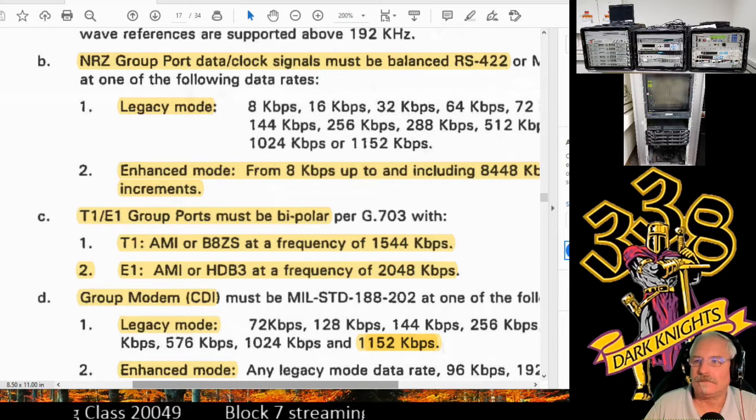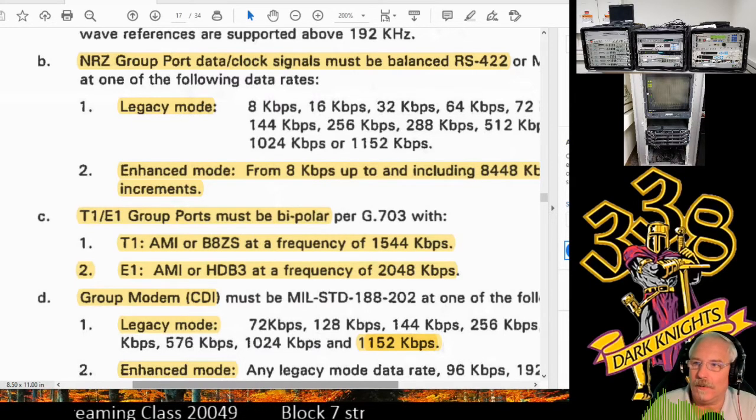It says T1 E1 group ports must be bipolar as per the standard that it goes by. The T1 line, which is AMI, is considered alternate mark inversion. We're going to go over that a little bit later too.